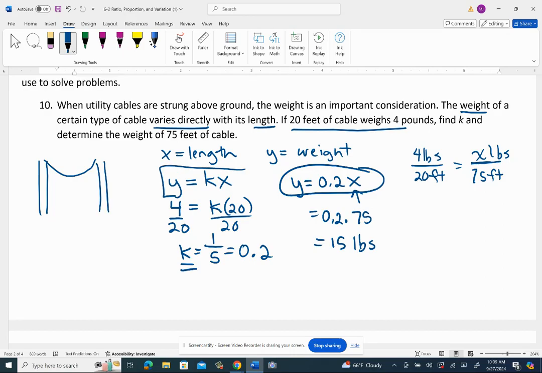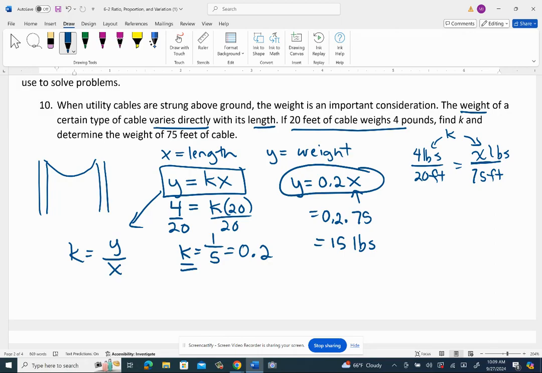So when you look at that, it's because your K would actually be Y over X. Your K would be this fraction, Y over X. And so I know that's really K, and that's really K. So that's why it would be okay to do that.